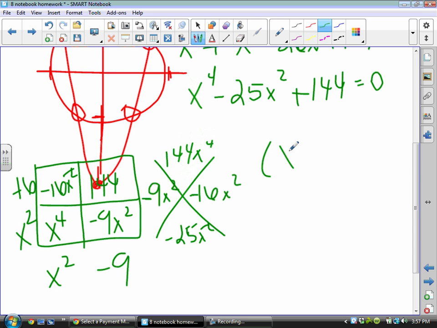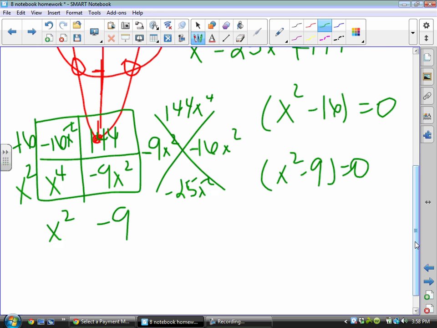So I have x squared minus 16 equals 0, and I'm going to solve that, and I have x squared minus 9 equals 0. If I solve that, I'm going to have x equals the square root of 16, which could be positive or negative 4.